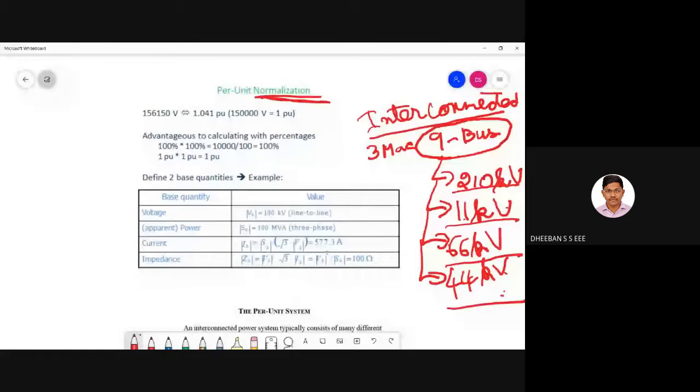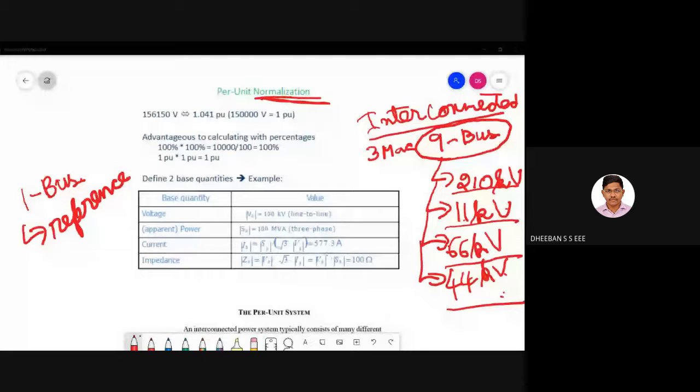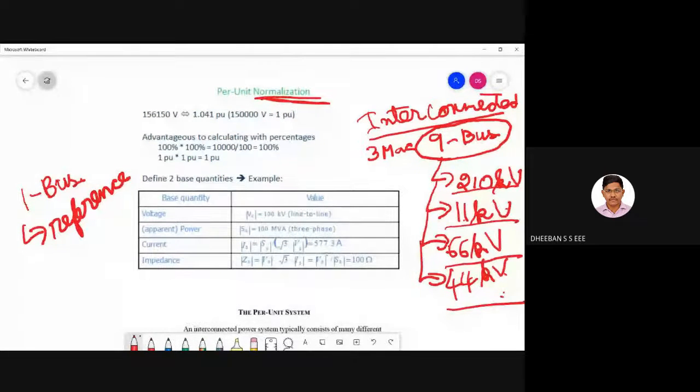voltages. So in order to have constant monitoring of each and every bus, one bus voltage will be kept as a reference voltage. Based upon this reference, they will be calibrating all other buses.